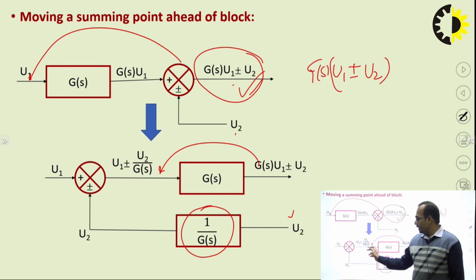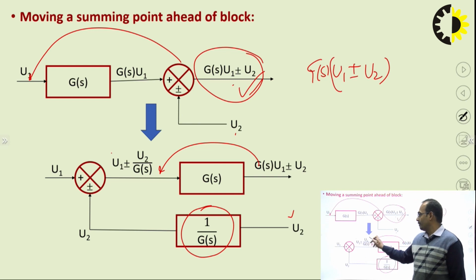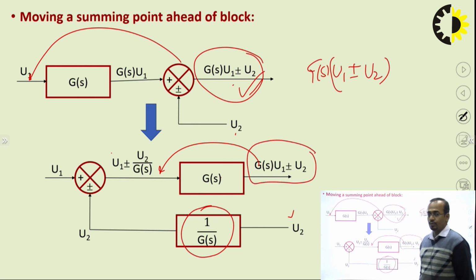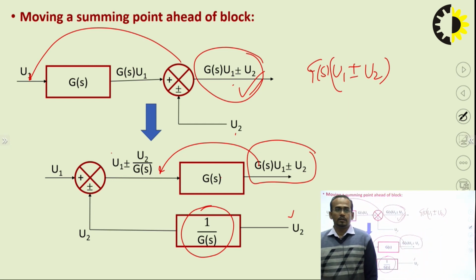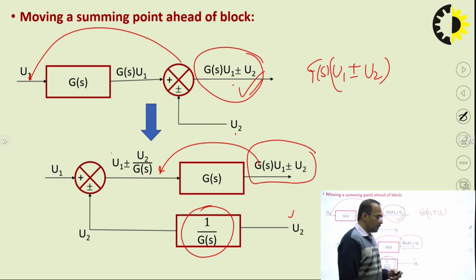So what will be the output here? We will get U2 divided by GS plus U1. When we multiply this, we will get the same output, GS U1 plus minus U2. So these are the methodologies for reduction of the block diagram.